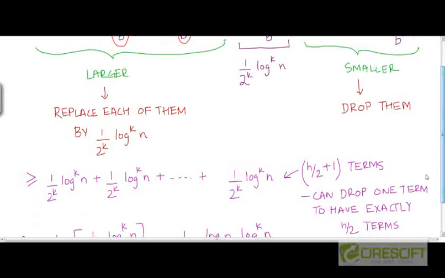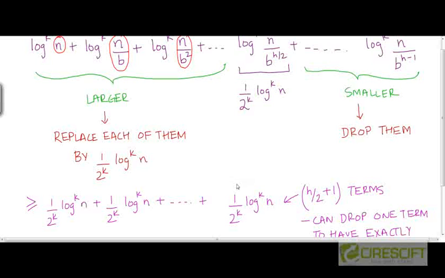So note that this middle term over here is depicted as it is over here, and all the terms that are larger than the middle term to the left have been changed to 1 by 2 to the power k times log to the power k of n, which is the value of the middle term. And there are h by 2 plus 1 such terms, because the first index was i equal to 0. The index of the middle term is i equal to h by 2. So starting from 0, ending at h by 2, there are a total of h by 2 plus 1 terms.